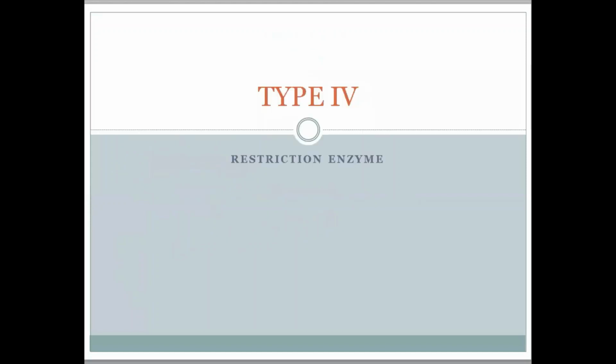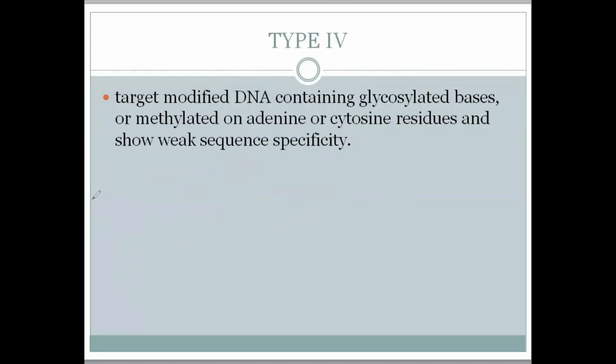Now let's learn about the type 4 restriction enzyme. Type 4 restriction enzyme is a methylation dependent restriction enzyme. What does it mean? It means they target modified DNA that contains glycosylated bases, or is methylated on adenine or cytosine residues, but their specificity is very weak.